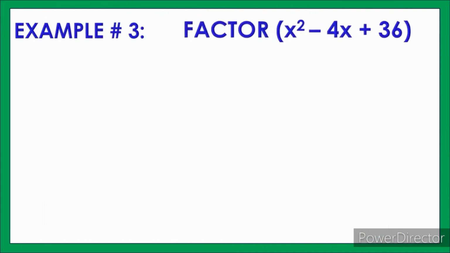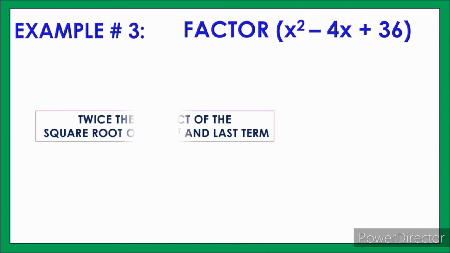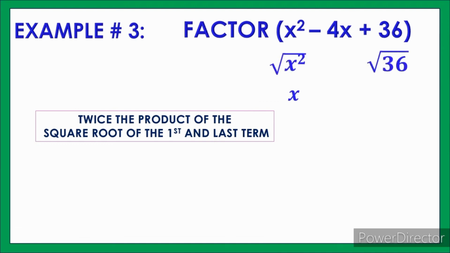Okay, so let's have another example. Example number 3. Factor x squared minus 4x plus 36. Okay, so if you're going to check that trinomial, whether it is a perfect square trinomial or not, the first term is a perfect square, correct? The last term is 36, which is also a perfect square, correct? Okay, but we're going to check the middle term, which is negative 4x. We find the square root of the first term, which is x.